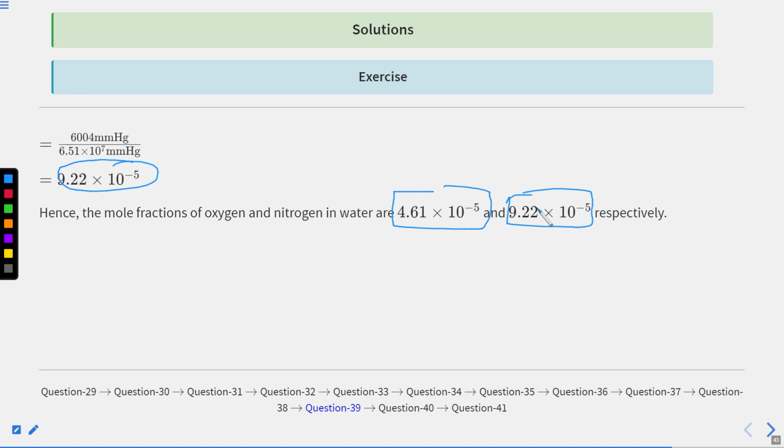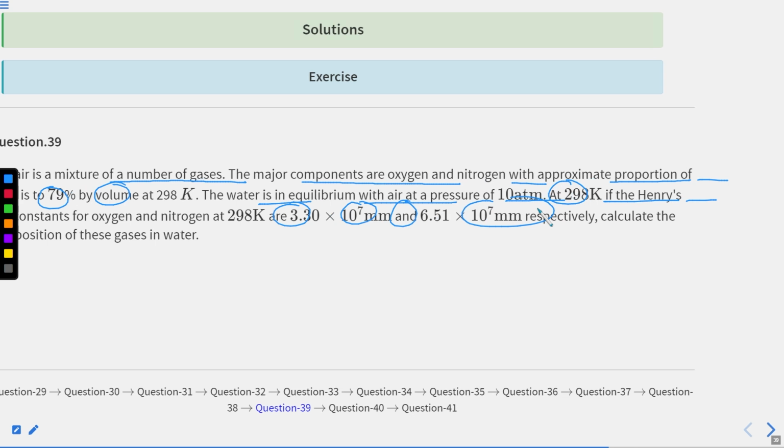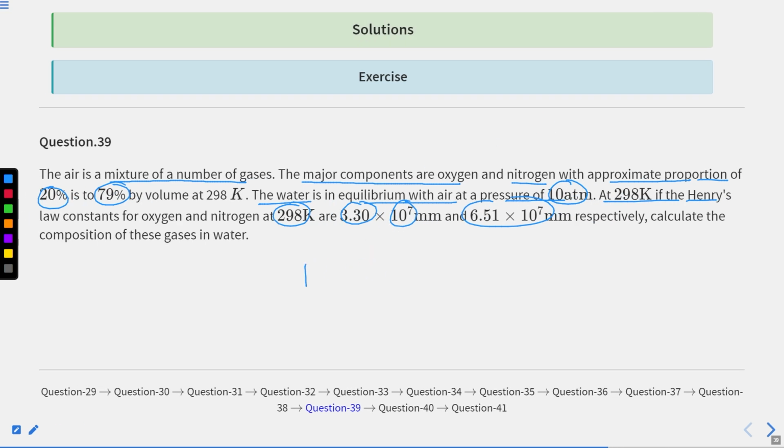So what we have done here, if you look back, first we calculated PA and PB. How did we calculate? We used the formula PA equals P naught A times XA. Now XA is given in terms of concentration, so we wrote 20 by 100 into 7600.